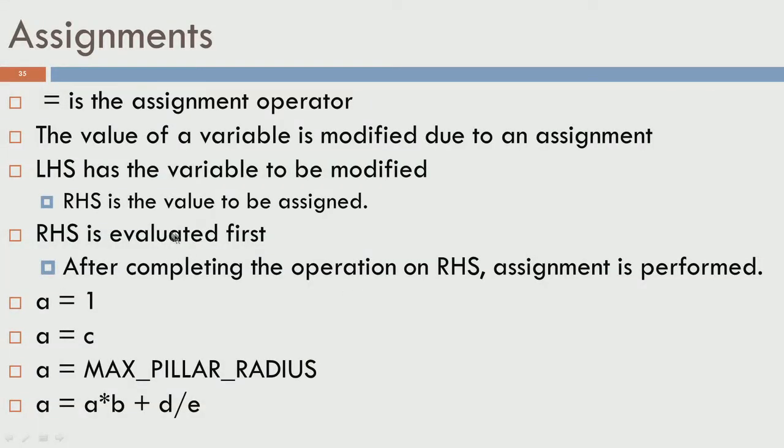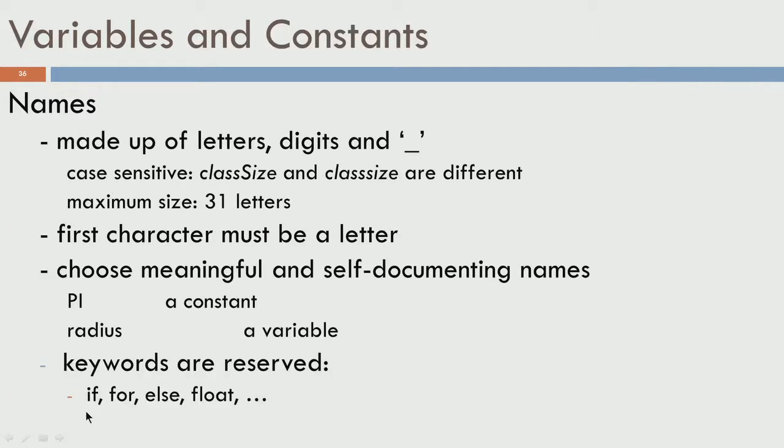So, the right hand side is evaluated first, and only after completing all the operations on the right hand side, the assignment operation is performed. This will write the result back onto the left hand side.